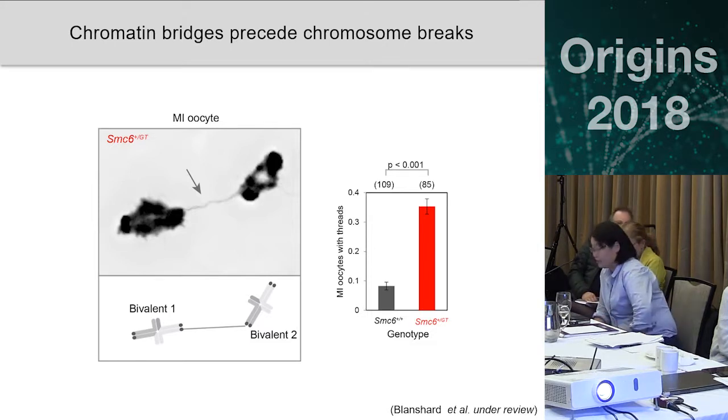I don't want to go into too many details at this stage, but we do know that any unresolved bridges at this stage, this is metaphase but at anaphase as well, the resolution or dissolution would give rise to gross chromosome rearrangements, depending on how it's resolved. I should also say that there's a whole body of literature from the molecular recombination field that we know that these chromatin bridges, generally speaking, cause gross chromosomal aberrations.